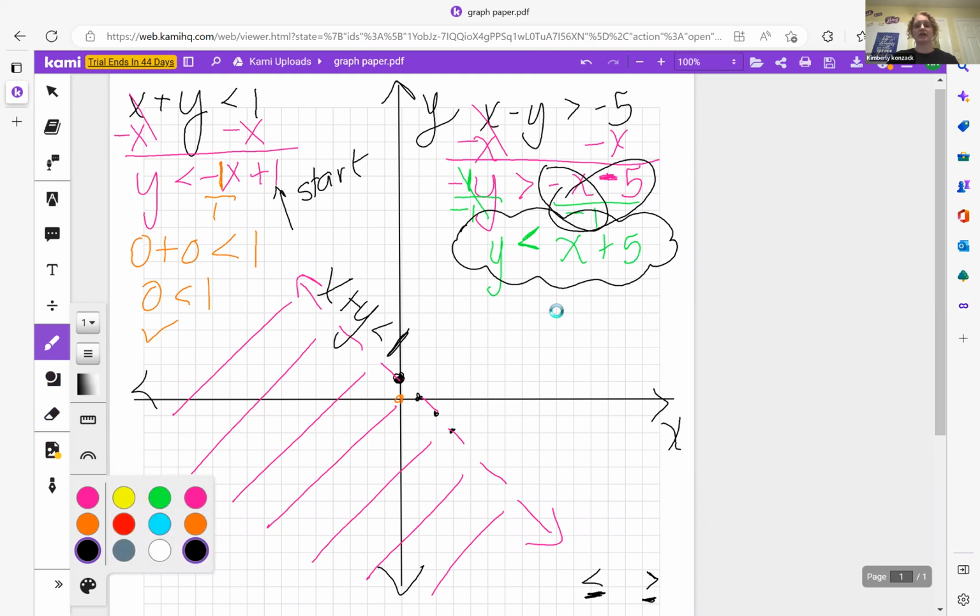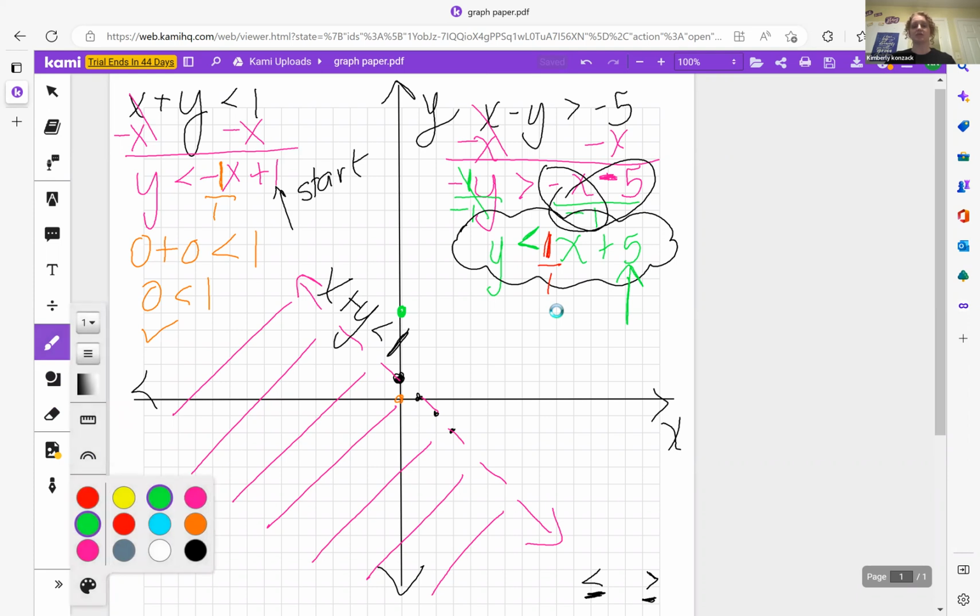Okay, now the next one I'm going to graph in green. Our y-intercept is 5. So I started at 5: 1, 2, 3, 4, 5. My slope is 1 over 1. From the 5, I am going up 1, right 1, up 1, right 1, up 1, right 1.